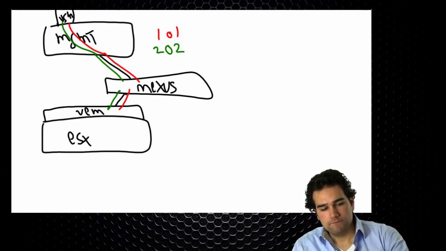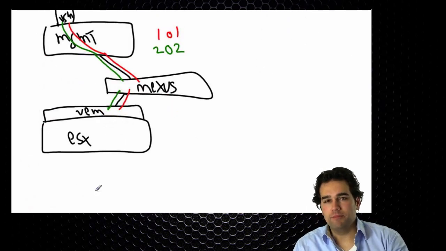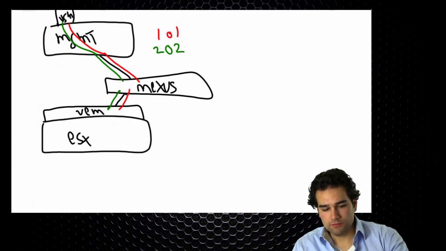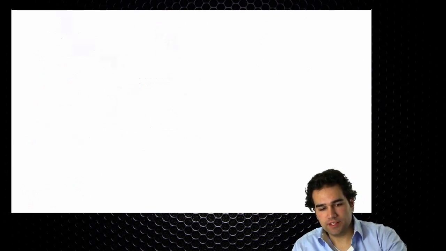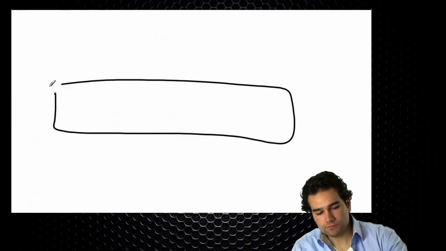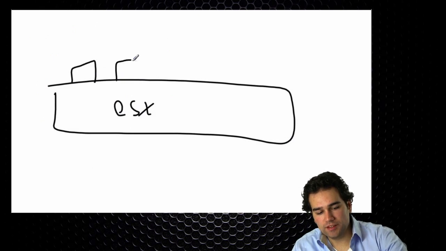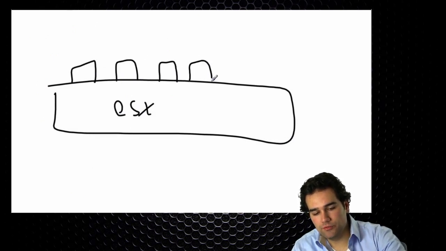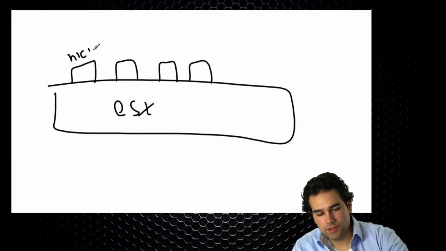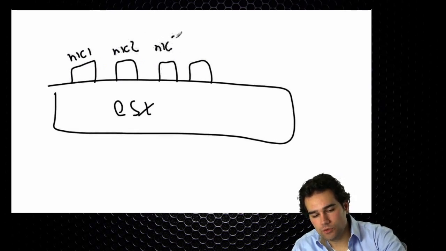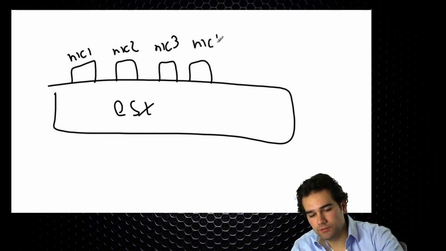How do I install a VEM on ESX? On my ESX server, I might have multiple NICs, right? So I may have, let's say, 4 NICs. NIC 1, NIC 2. I'm not talking about VNICs or anything like that. These could be VNICs, but it could be any physical network card.